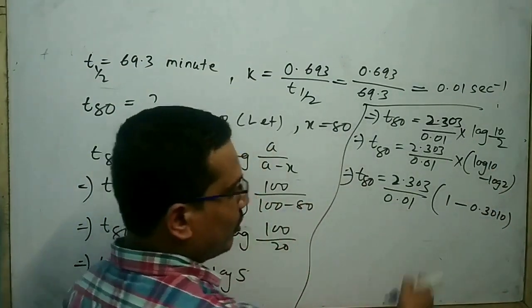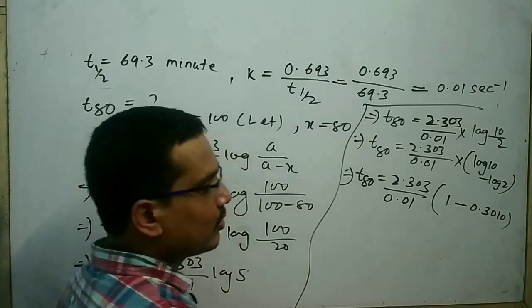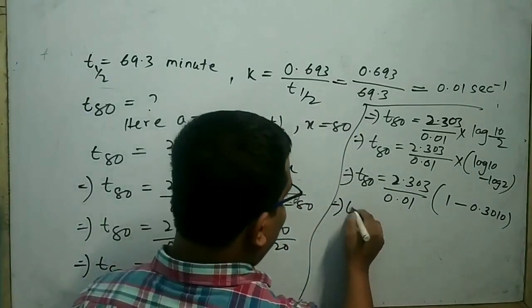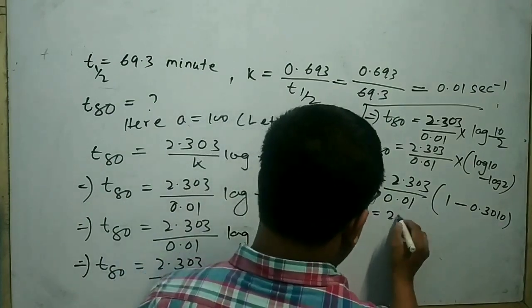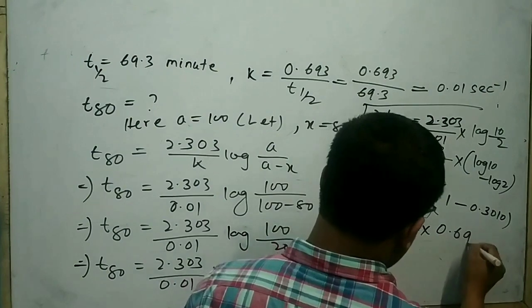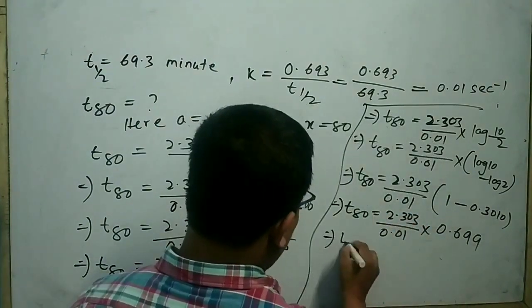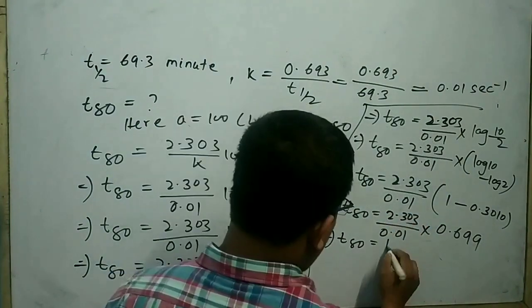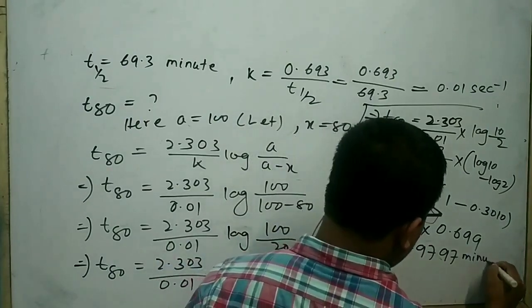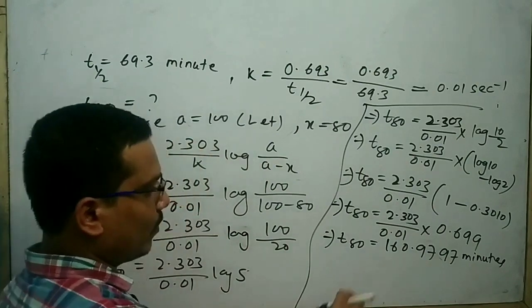The value of log 10 is 1, the value of log 2 is 0.3010. That means T80 is equal to 2.303 divided by 0.01 into 0.699. So T80 is equal to 160.9797 minutes.